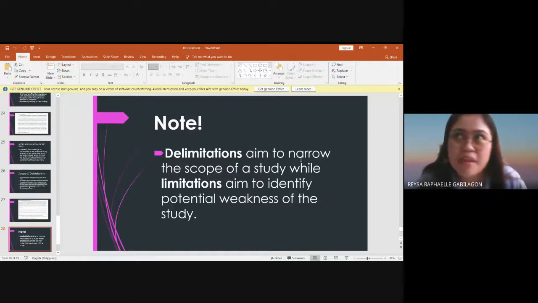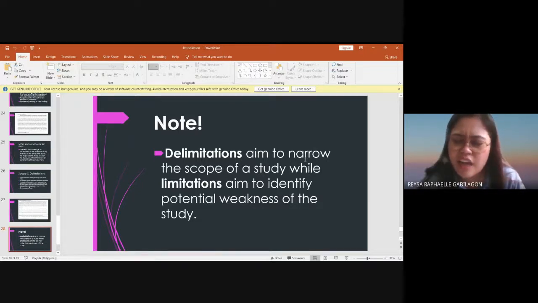For example, in my MSPharm master's study, the limitation here is that I don't have a positive control. My study is about the anti-angiogenic activity of a plant.